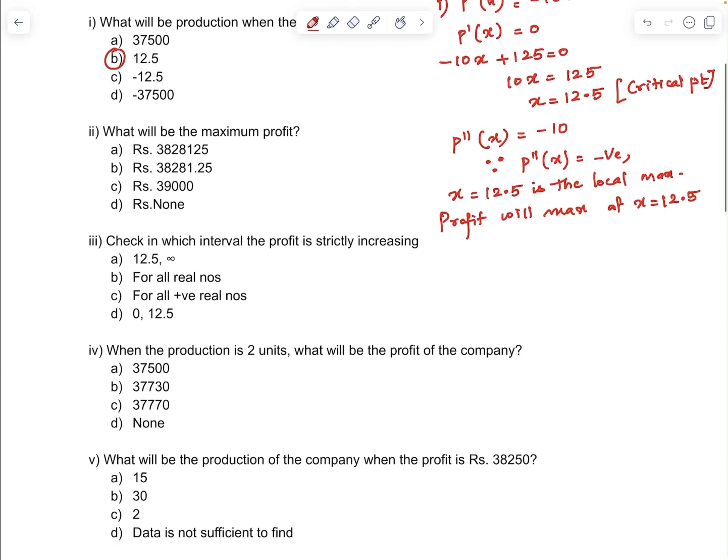Second subdivision, what will be the maximum profit? We just have to substitute this value of 12.5 in the P of x.